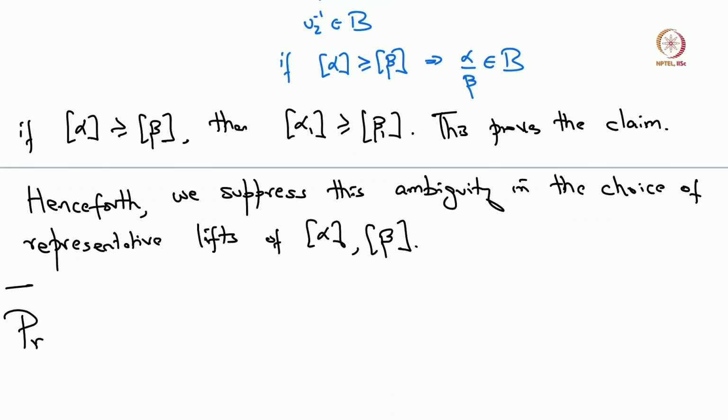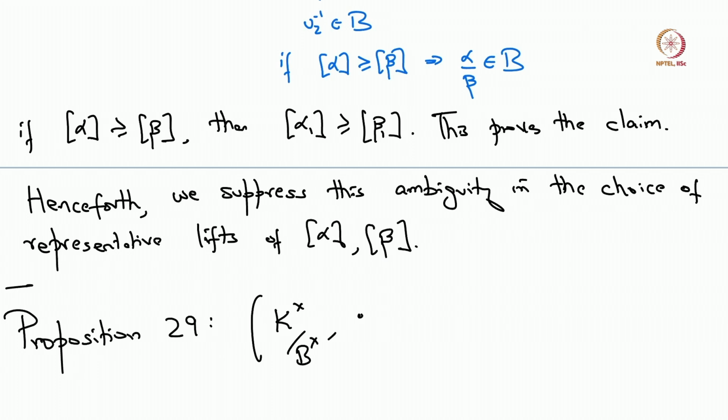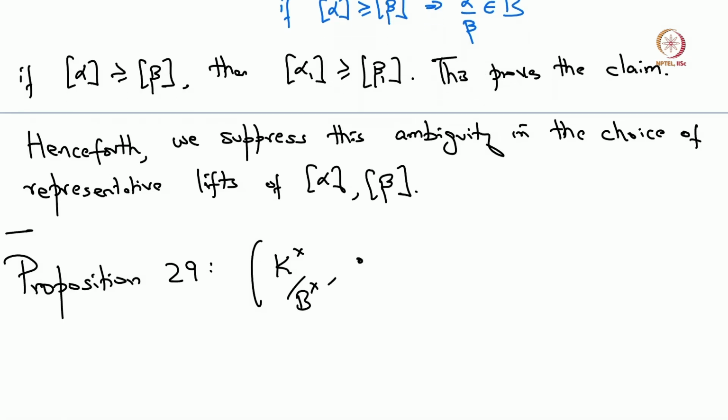Okay, so now the next proposition. I have K cross mod B cross, where the group operation is multiplication, and I've tried to define an order which was this greater than or equal to. So the next proposition is that this is a totally ordered abelian group.